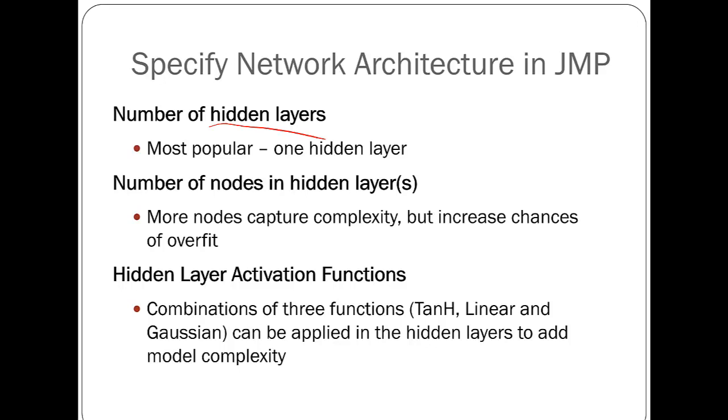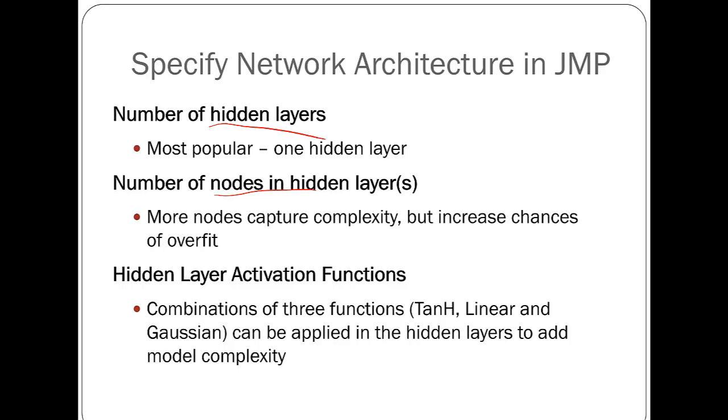In certain cases you might want to add more, but there's no real good consensus on what it means to add more, other than you're making your model more complicated or more complex, which can have problems. The next thing you need to know is the number of nodes that you're going to use, and there are lots of different guidelines for this.